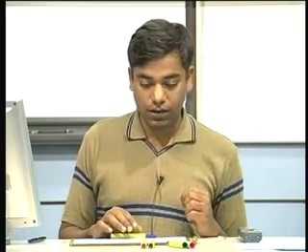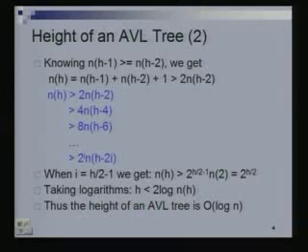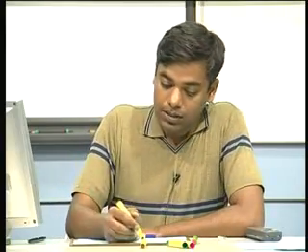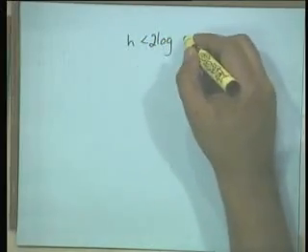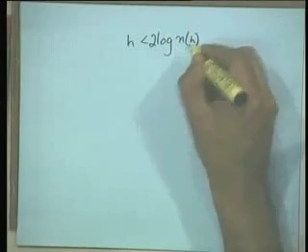Okay, if you are getting confused, let me just clarify this. What we argued here was that h is less than 2 times log of n of h.